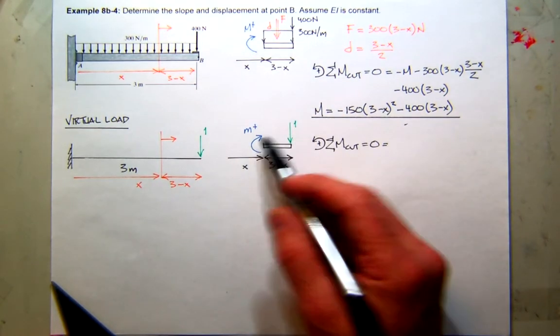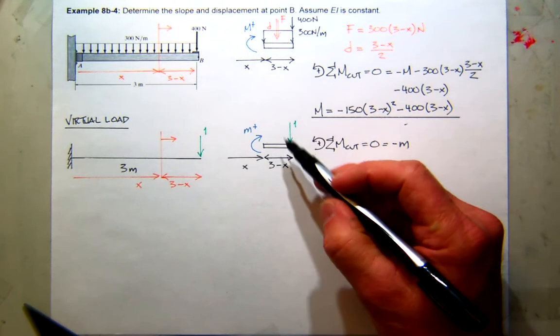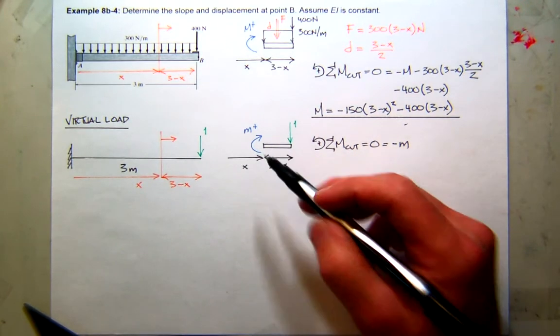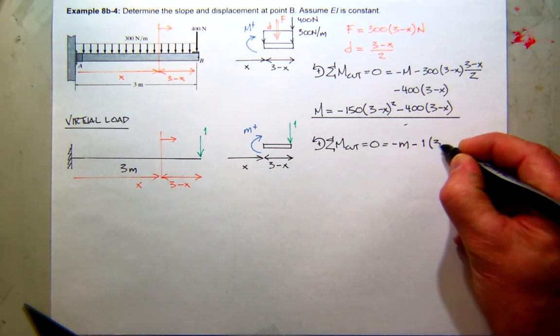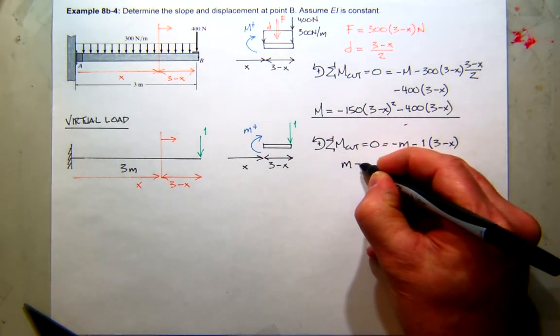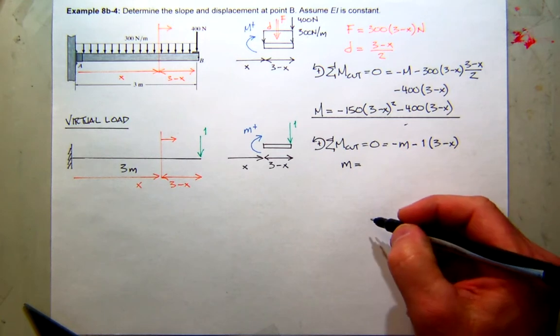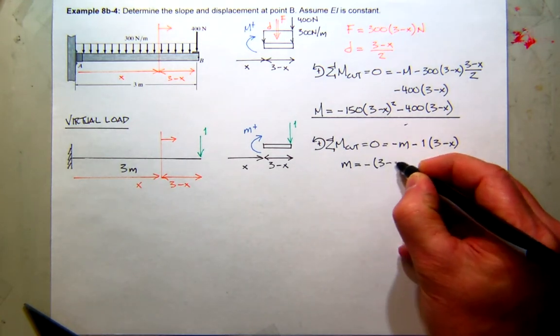First, the virtual moment is negative. The virtual load is creating negative moment about the cut. The load is 1, and what's the distance? 3 minus x. So it looks like the virtual moment here is just equal to minus (3 minus x).